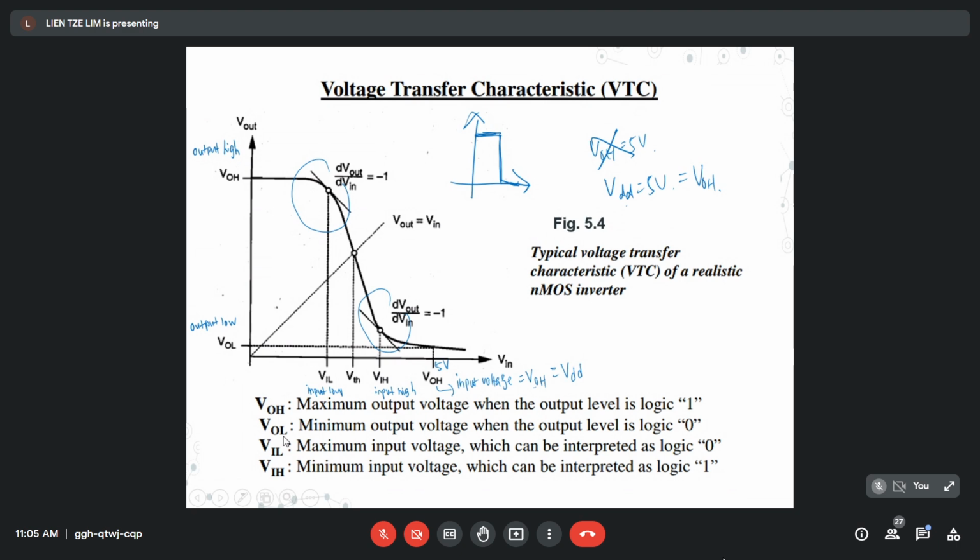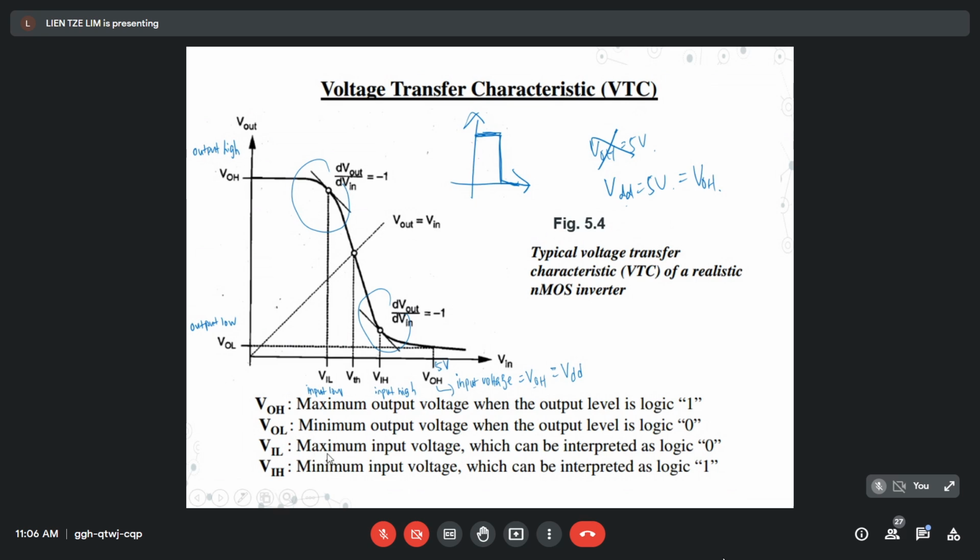And VOL is the minimum output voltage when the output level is logic 0. And VIL is the maximum input voltage which can be interpreted as logic 0.